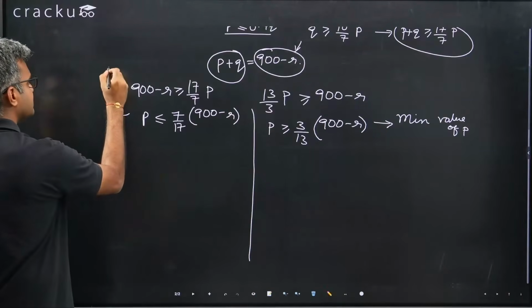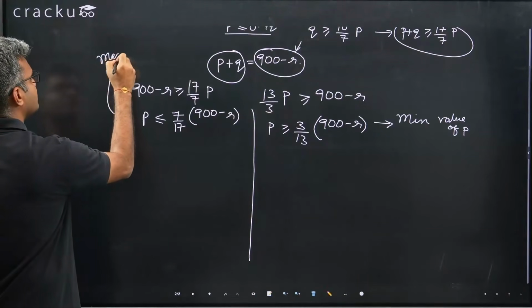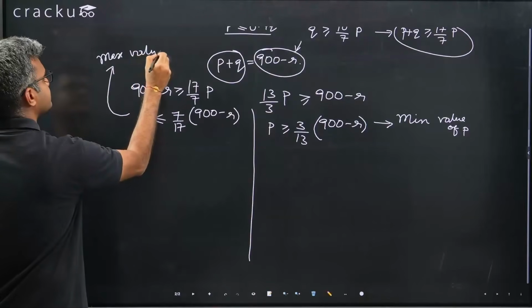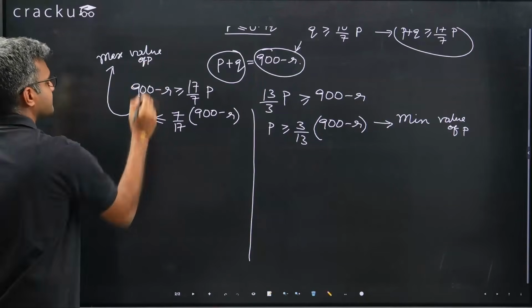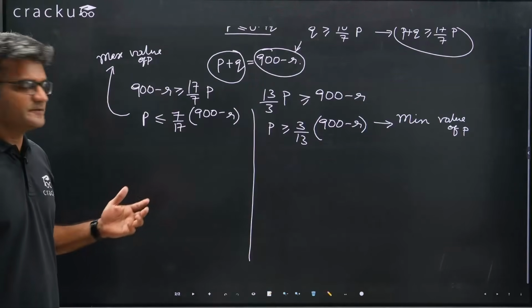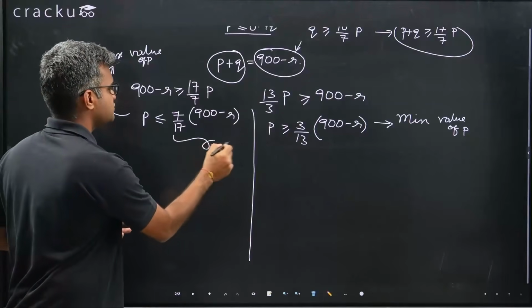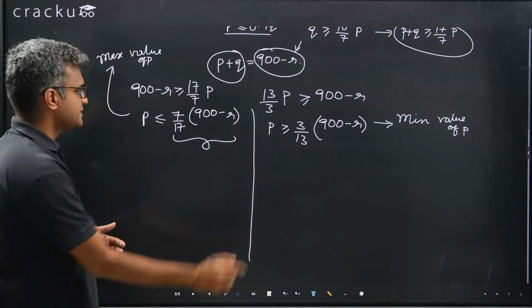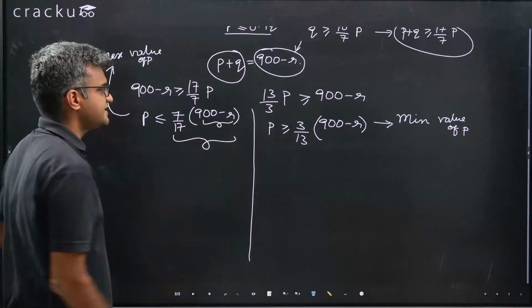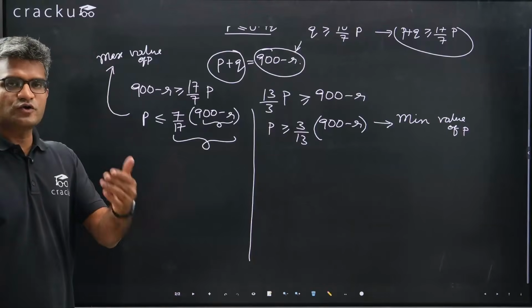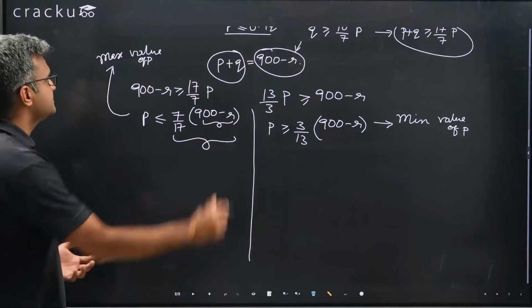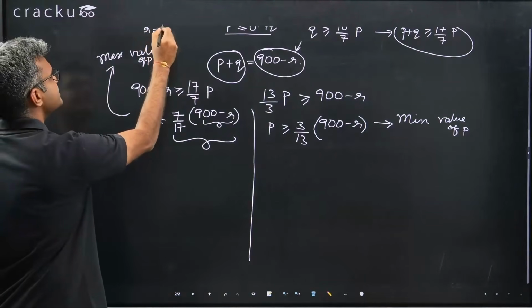This will give me the maximum value of p. If I am trying to maximize the value of p, I would want this to be as high as possible. That is, I would want r to be as low as possible. The smallest value r can take is 169.